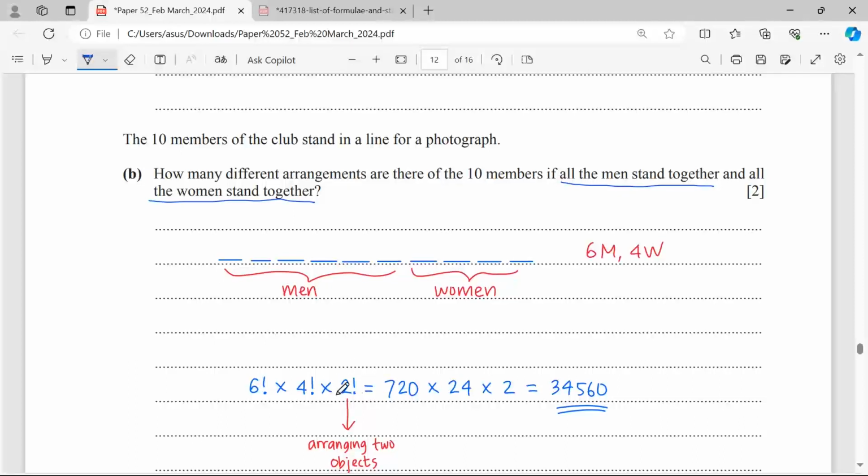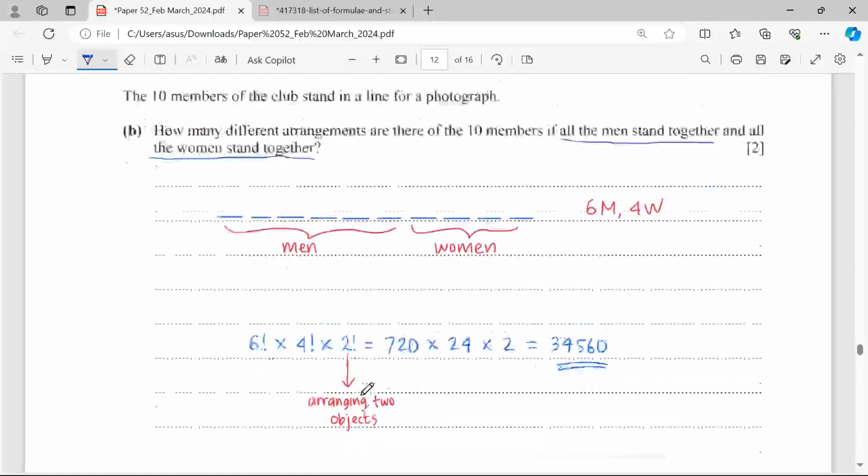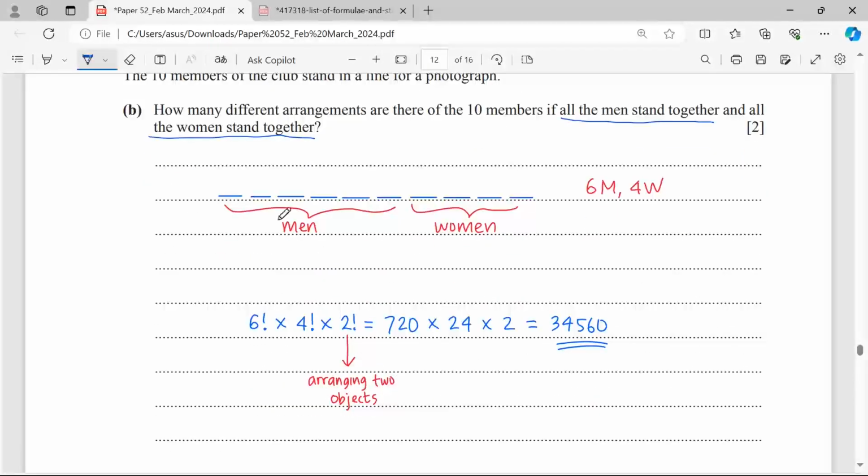So we have to multiply by 2 factorial. One is for arranging 2 objects. We can consider that men and women are 2 different objects. And then 6 factorial is 720, multiply by 4 factorial is 24, and then 2 factorial is 2, and you will get this one.